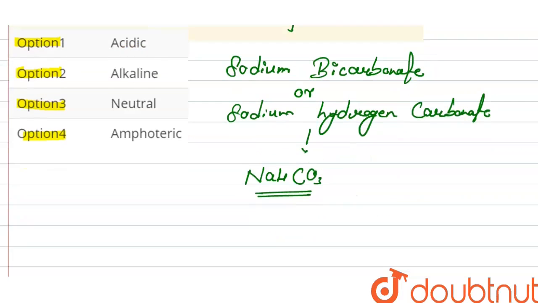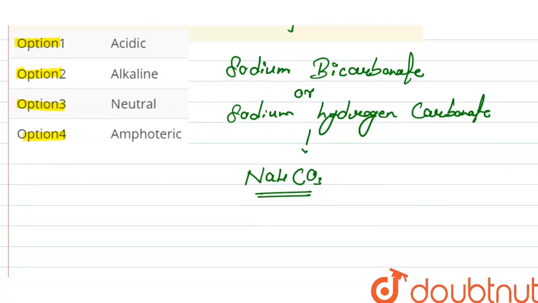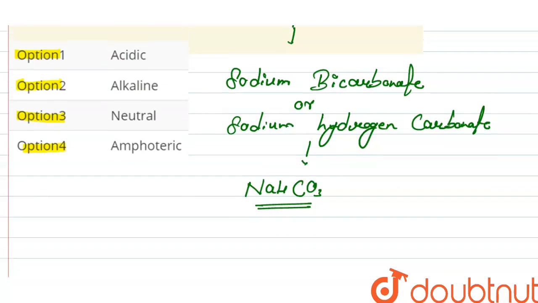Now we have to find whether NaHCO3 is acidic, alkaline, neutral, or amphoteric in nature.